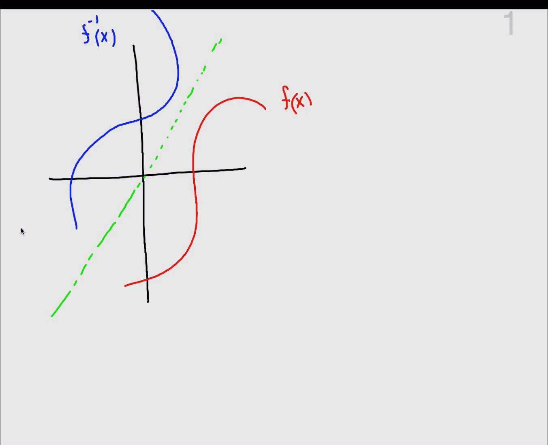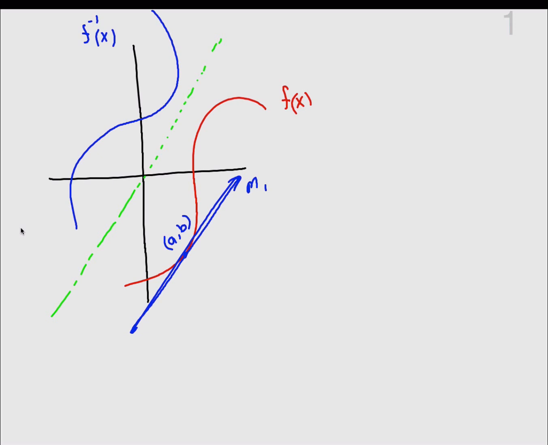What this new tidbit of information is saying is if I take a tangent line on this function, let's take this point here, and that point is (a, b), how do I find the slope of that tangent line? Derivative. Good. So we'll call that slope m sub 1.